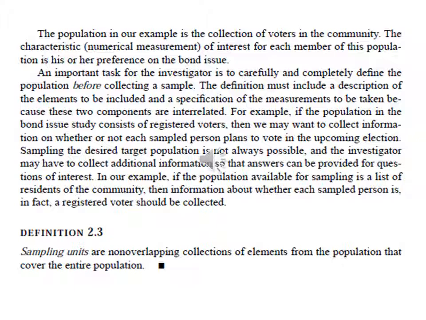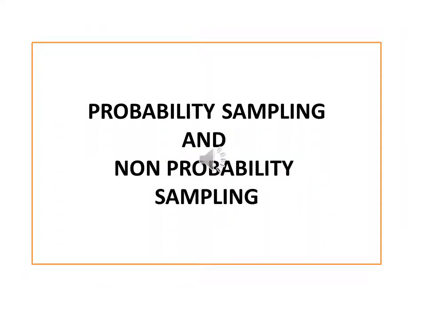Definition 2.3. Sampling units are non-overlapping collections of elements from the population that cover the entire population. You must know what the meaning of probability sampling and non-probability sampling is. You must go back to your reference and know the meaning.